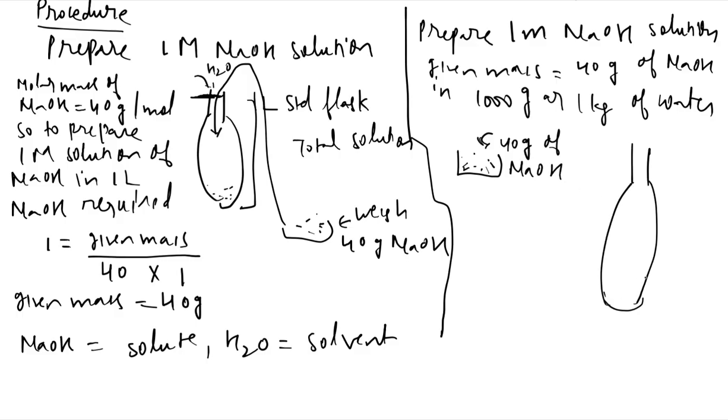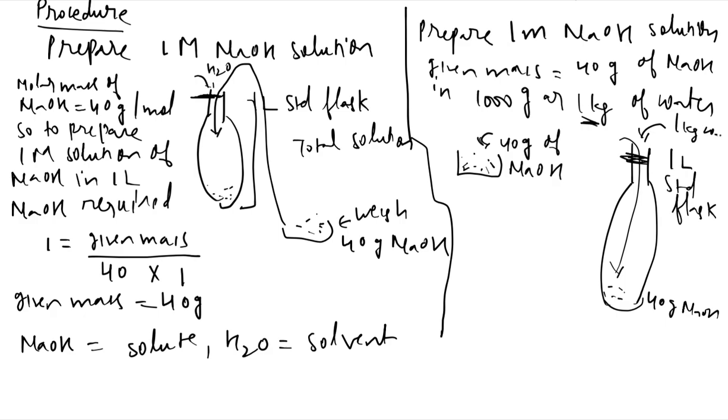First we are going to weigh 40 grams of NaOH, and in the next step we are again going to take a 1 liter standard flask, but this time we are going to add the 40 grams of NaOH first, and then measure exactly 1 kg of water and add it to this flask.